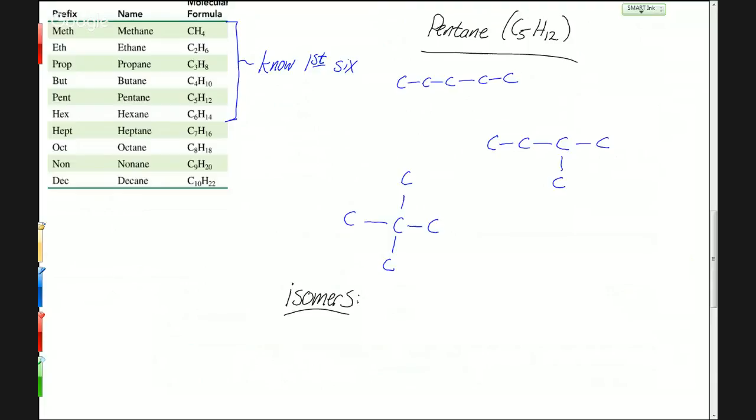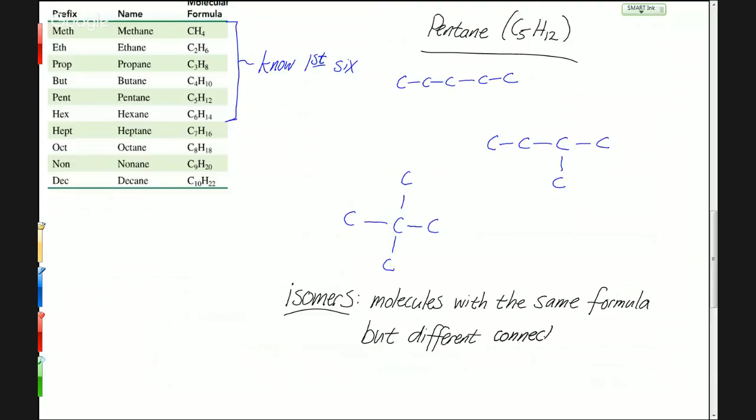Isomers are molecules with the same formula, that same C whatever, H whatever, but different connectivity, meaning it's connected in a different way.